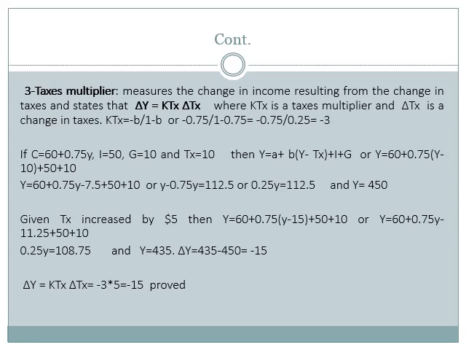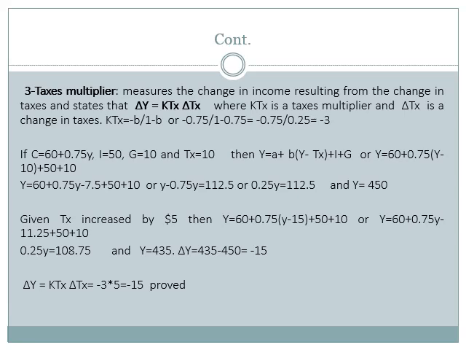The result is that the new y after the increase of taxes from 10 to 15 is 435. The difference between the past and the new y is 15.